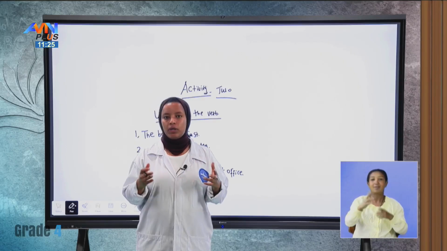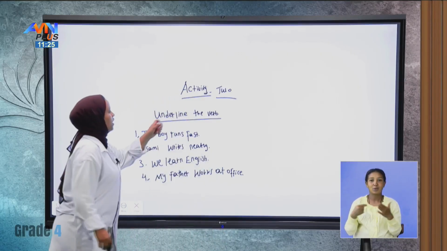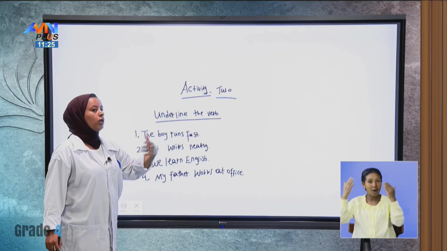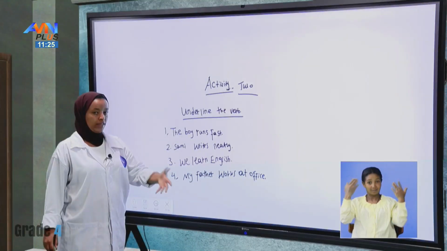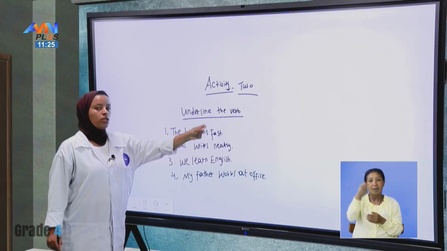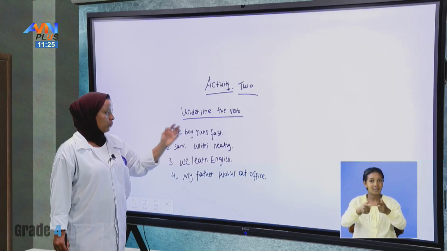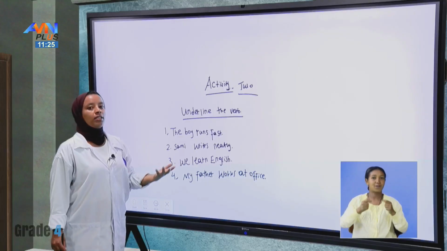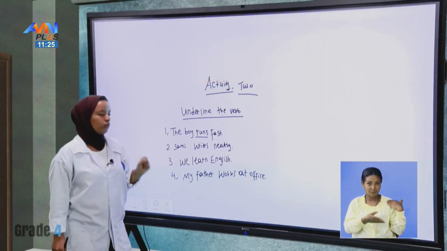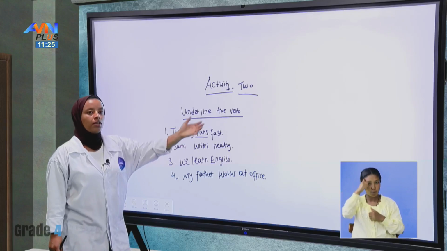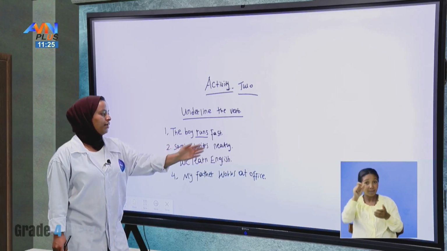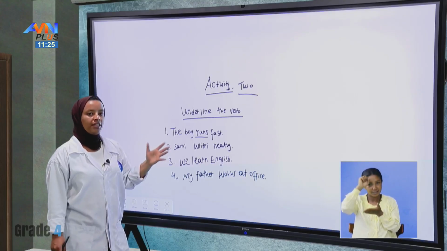Let us do it together. Here is the instruction: underline the verb. I hope you all know what a verb means. The boy runs fast. The boy is what? A subject. So here is our verb, runs. Here is 2. Sammy writes neatly.